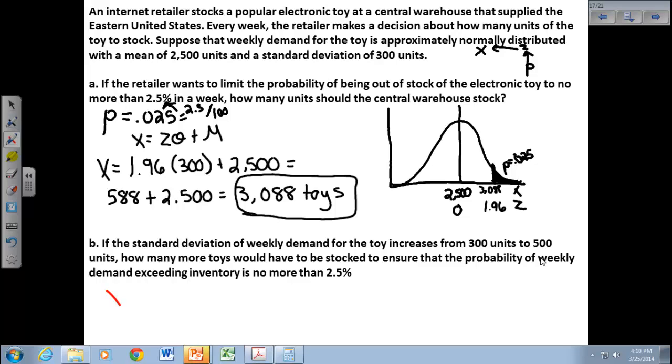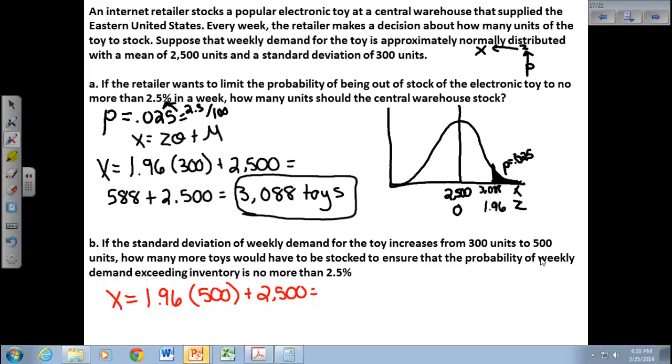So when we do our x formula, our z times standard deviation plus the mean, we have z still 1.96 times the new standard deviation, 500, plus 2,500, which is the mean.